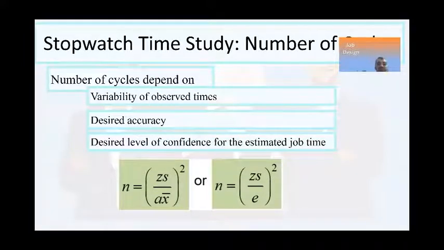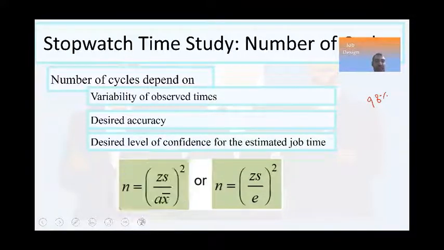And again, we have a preset desired accuracy. Before doing the time studies, we decide on an accuracy. Maybe we decide on 98% accuracy or 99% accuracy, and whatever our accuracy is going to affect how big our sample size is. So we have two equations.